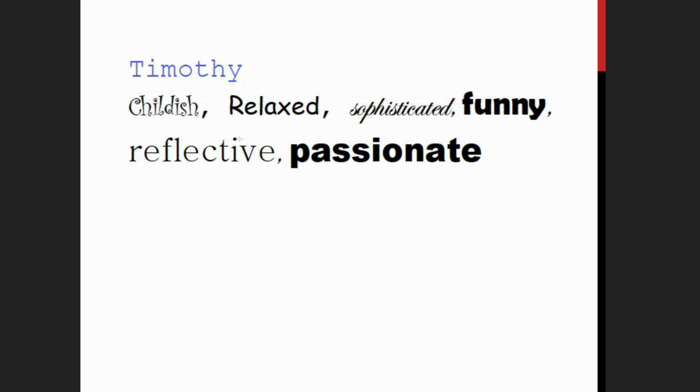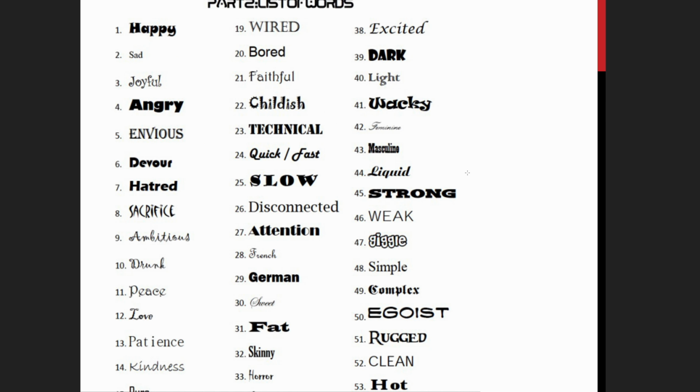And then you're going to put some describing words of you or your personality. Then you're going to find a typeface that you feel fits that word. So this looks more childish. This looks more relaxed. That looks sophisticated, funny, reflective, passionate, right? So you're going to find a typeface that fits that word.